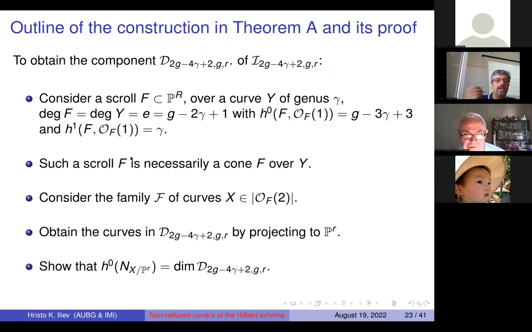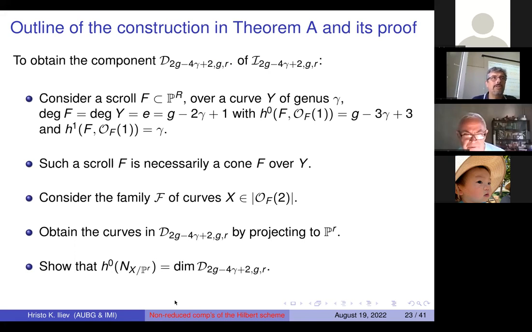And then by taking the degree 2 hypersurface, or rather its intersection with the cone, we get the curves from our family X. And then one proceeds with the proof of Theorem A by counting the curves from the dimension of such a family and computation of the space of global sections of the normal bundle to such a curve X. And it turns out that it has exactly the same dimension.